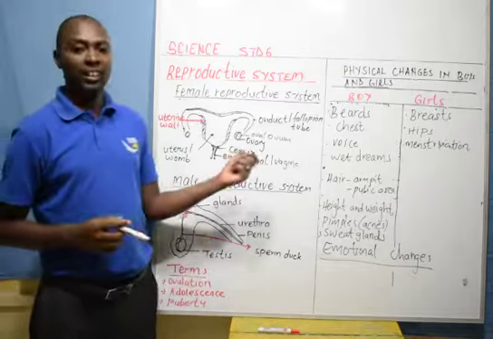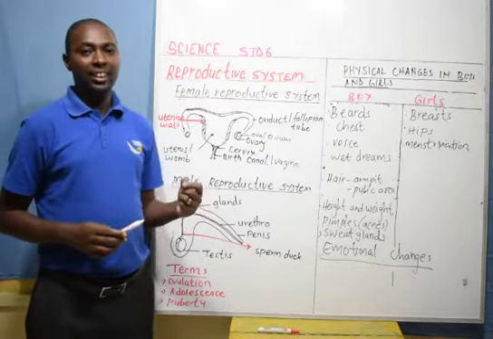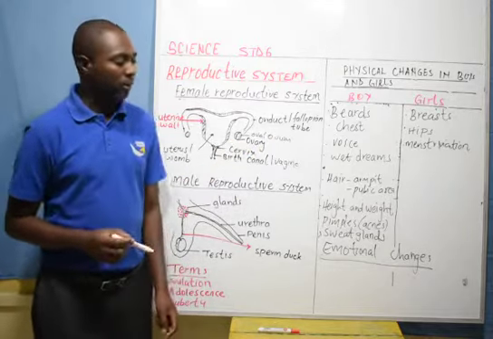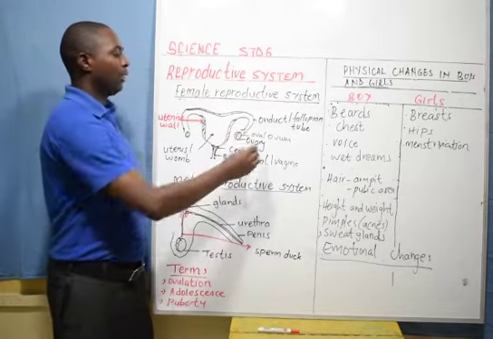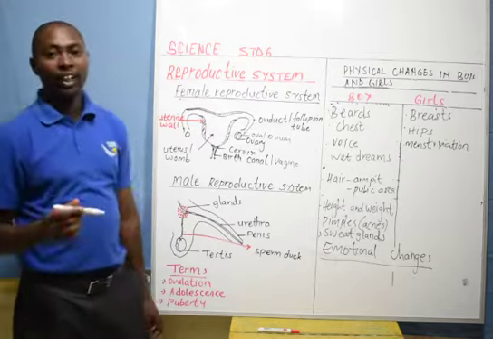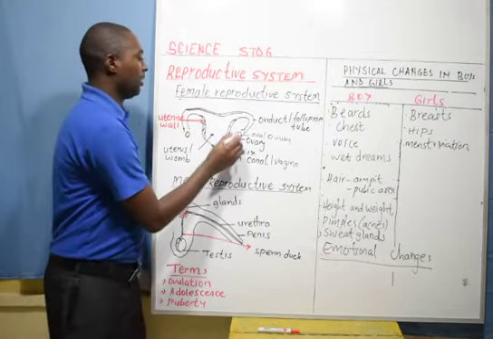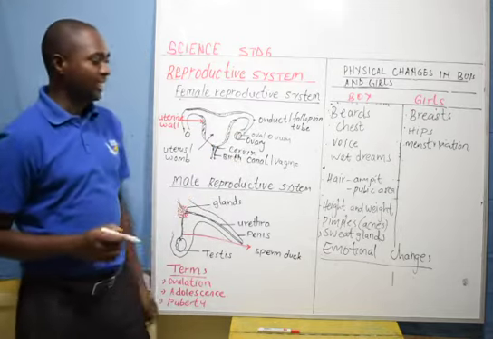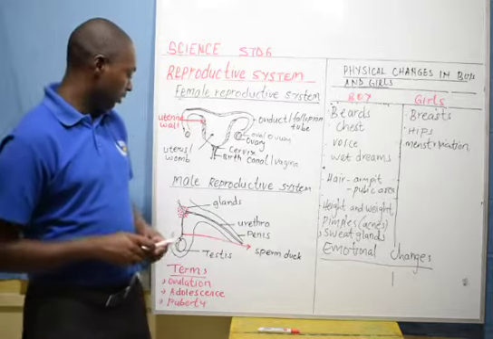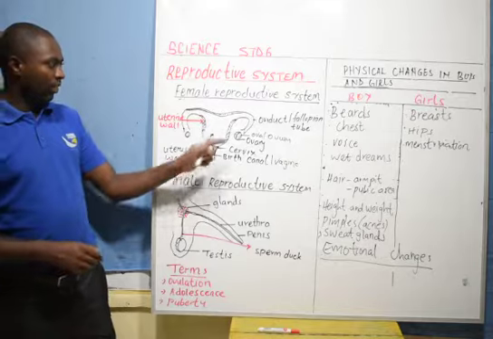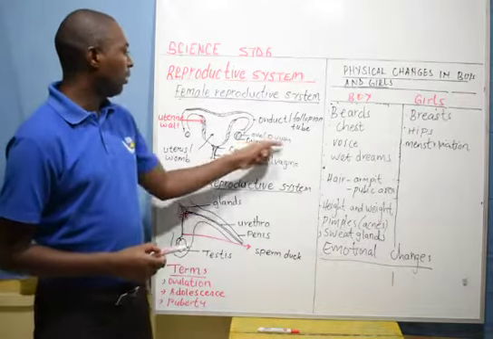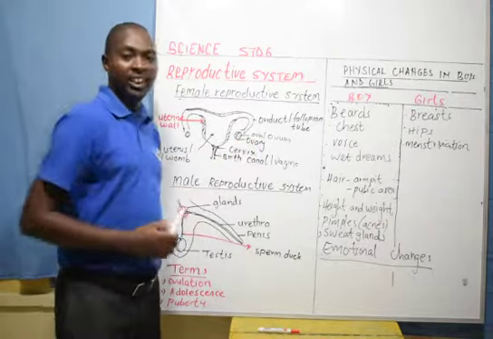The ovary releases a mature ovum after every 28 days. That process is known as ovulation. Ovulation is the release of a mature ovum from the ovary after every 28 days.